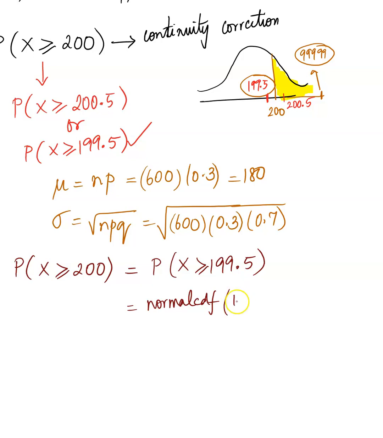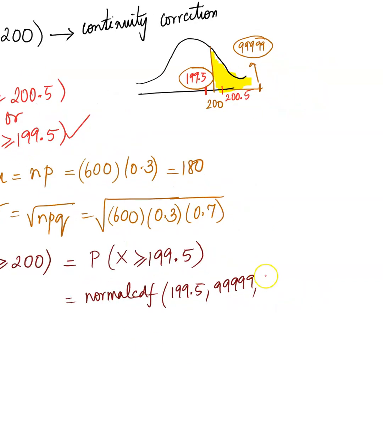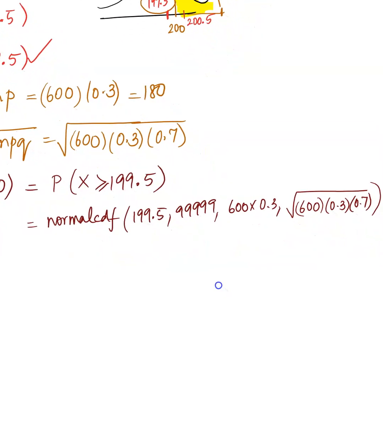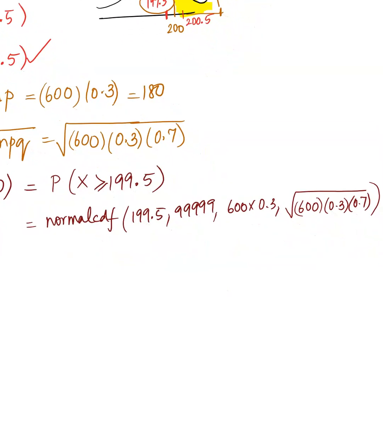The lower limit was 199.5, upper limit was a bunch of 9s, and we entered the mu as 600 times 0.3, and I entered the standard deviation as the square root of 600 times 0.3 times 0.7. When you do all this, it's convenient, but you have to be very careful about how to enter it mathematically. The square root should be for everything, so the whole thing should be under the square root. Remember to close the parentheses, and remember to use the multiplication all under the radical sign.